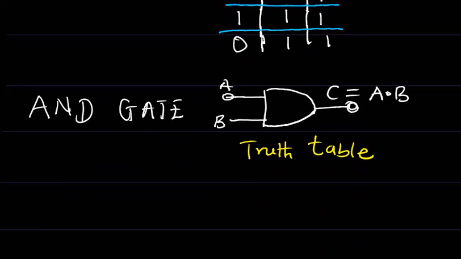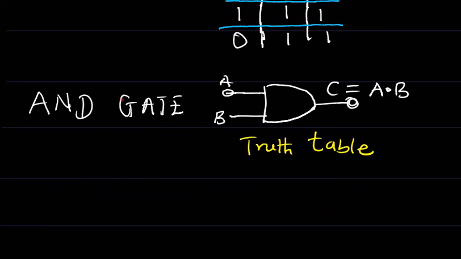Now let's look at the AND gate. This is the logical product or multiplication. It's a dot product. So A dot B. Now this is the symbol.